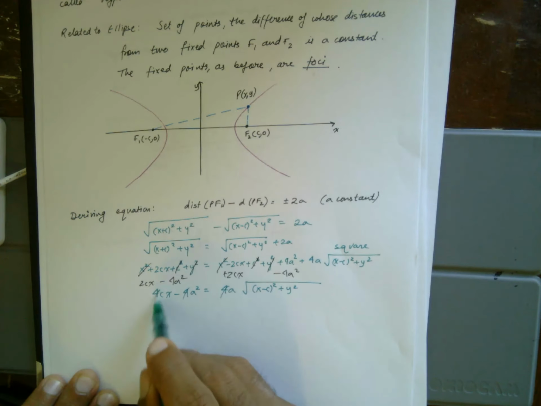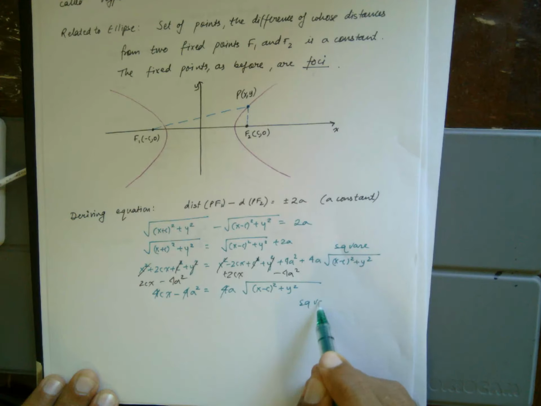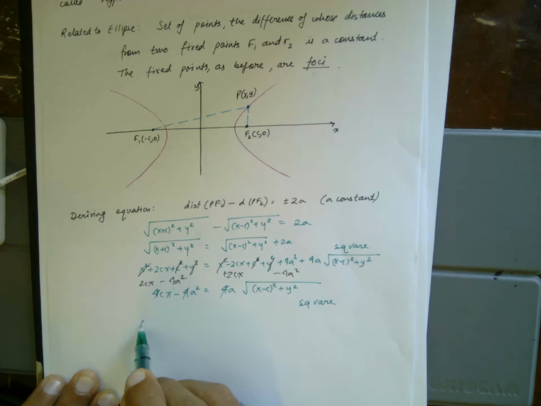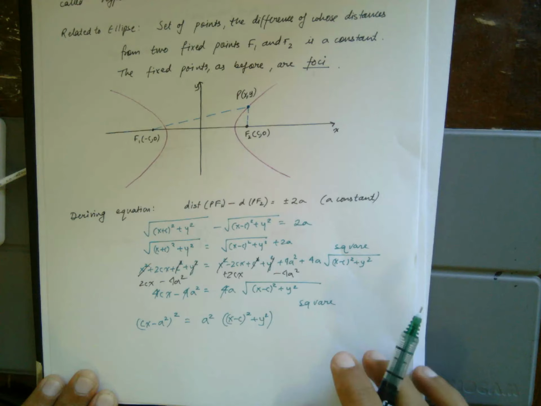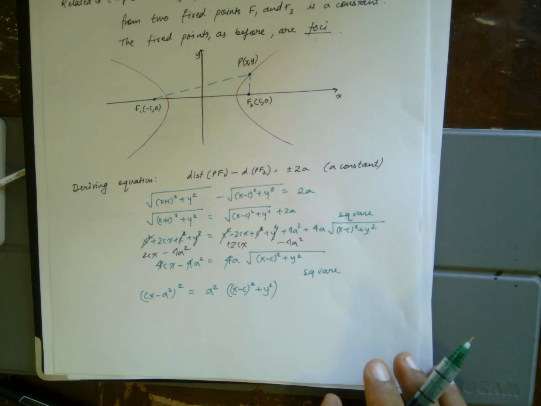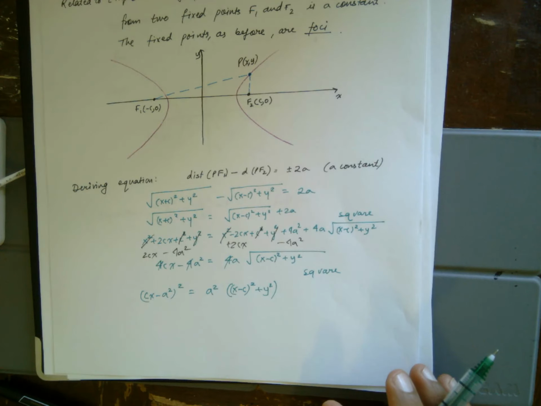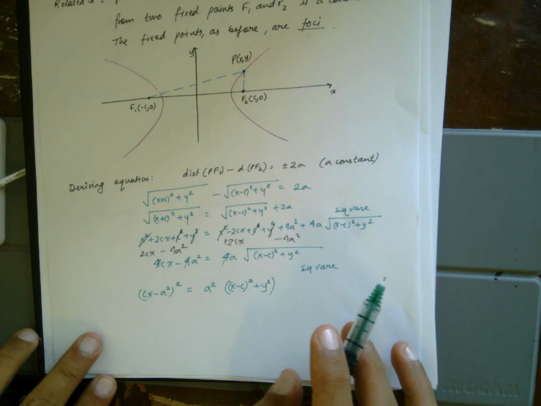Again, factor out the 4 and square again. And so (cx minus a squared) squared is a squared times ((x minus c) squared plus y squared). Okay, again, factor all of this out.